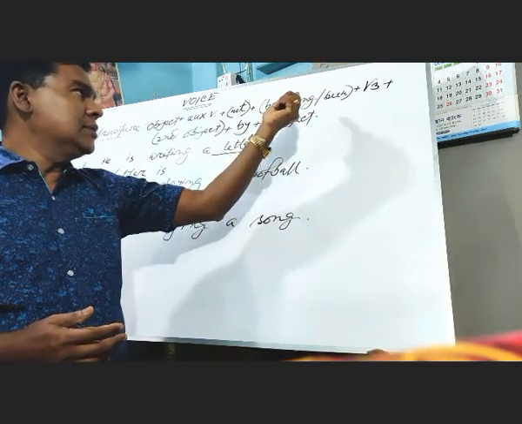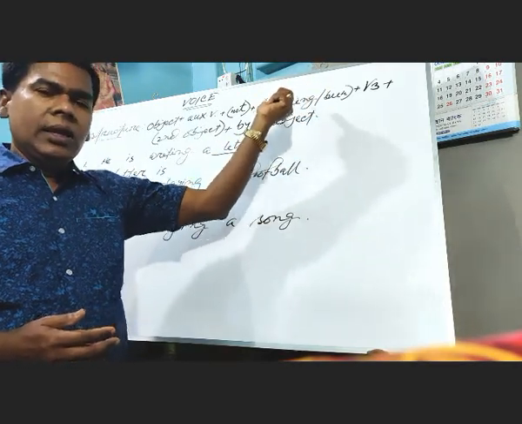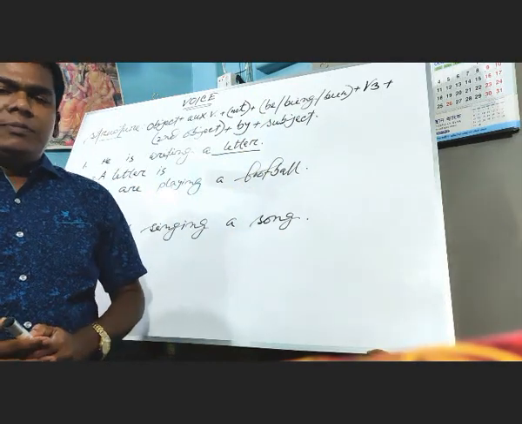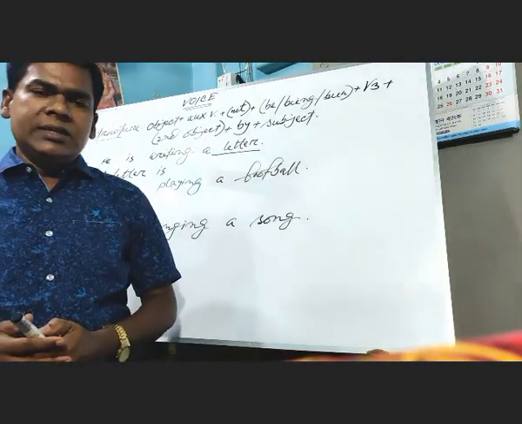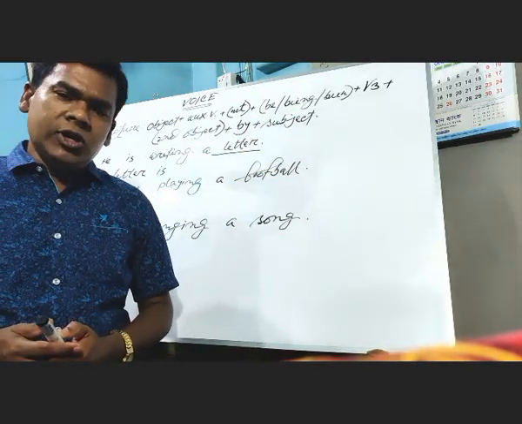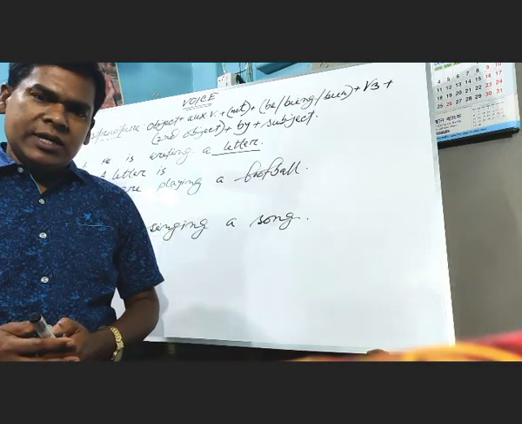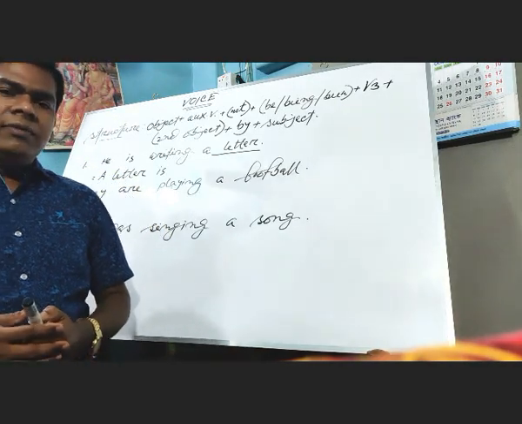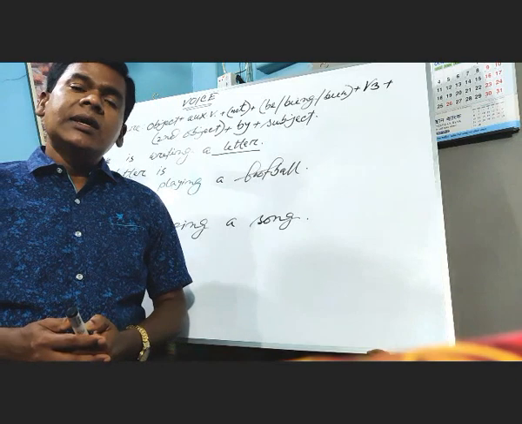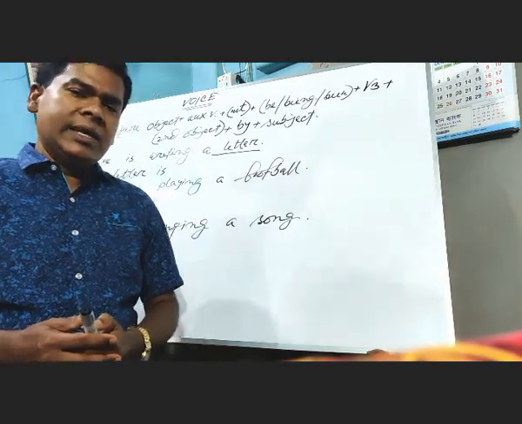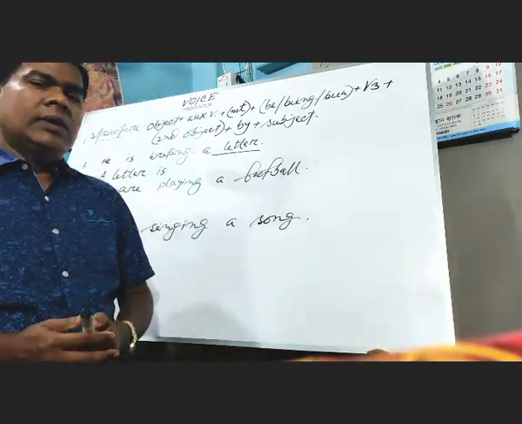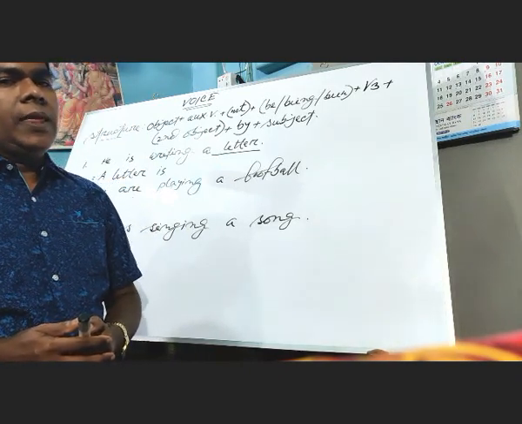If you find am, is, are, that means present continuous. If you find was, were, that means past continuous. If you find the use of shall be, will be, that means future continuous tense. In the case of this kind of auxiliaries, you are allowed to use being.